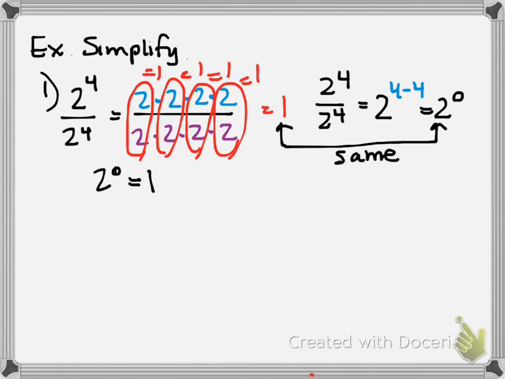So like on a test, if that was one of the problems, would you have to put 2 to the 0 power equals 1 as the answer, or would you only have to put 1? I guess it would depend upon the directions. If the direction said simplify using exponents, then evaluate, okay, then I would want to see the exponent one and then the 1.